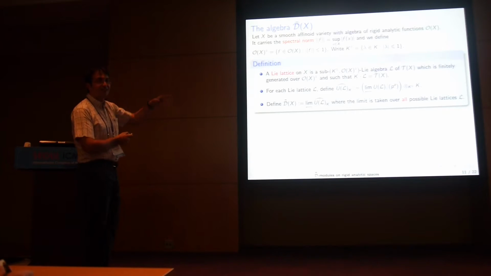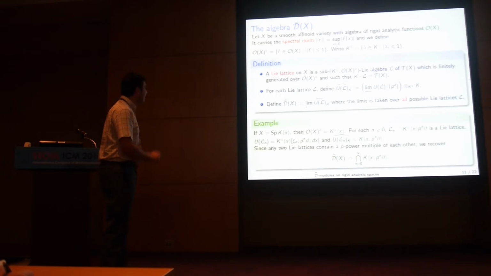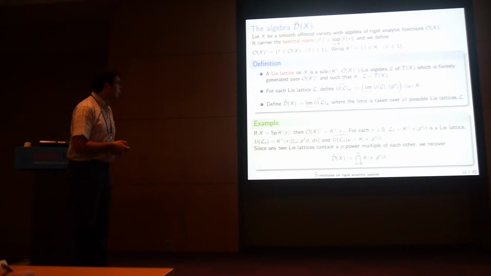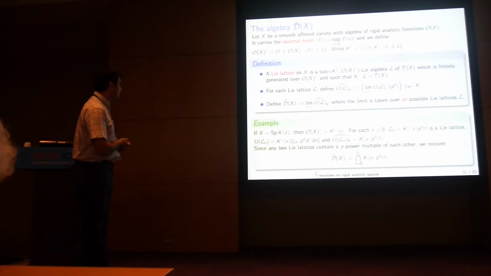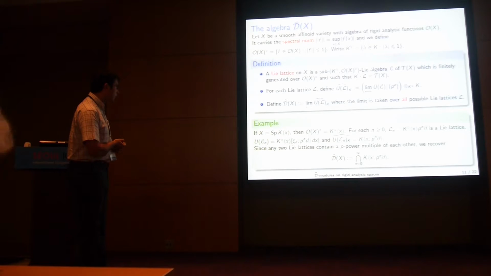this is a flattened hat. So just to reassure you that everything's okay, let's reconsider the example I had before. Just take the closed unit disk inside the affine line. The algebra of power-bounded elements is basically restricted power series with integral coefficients.